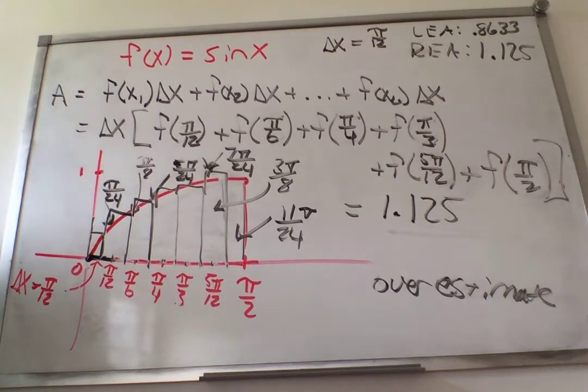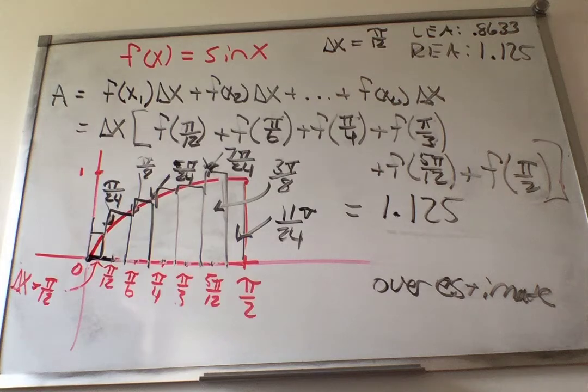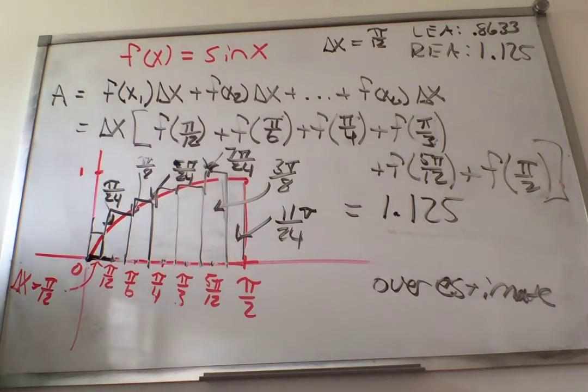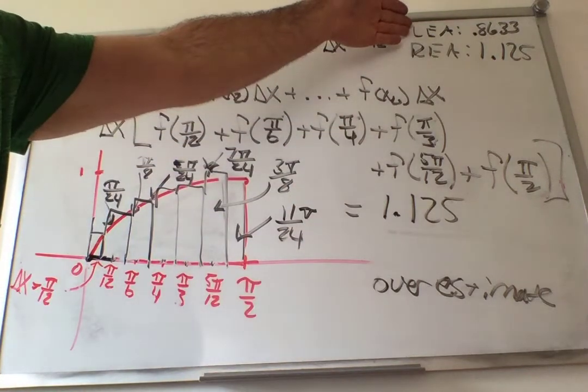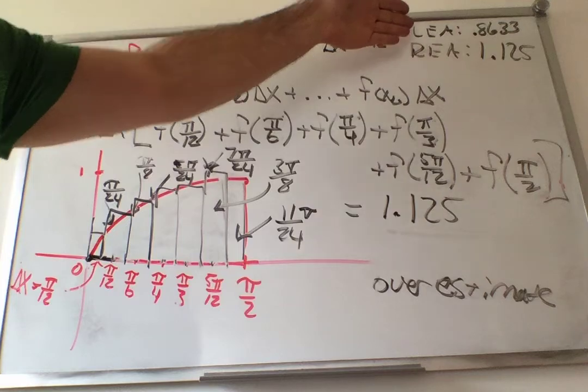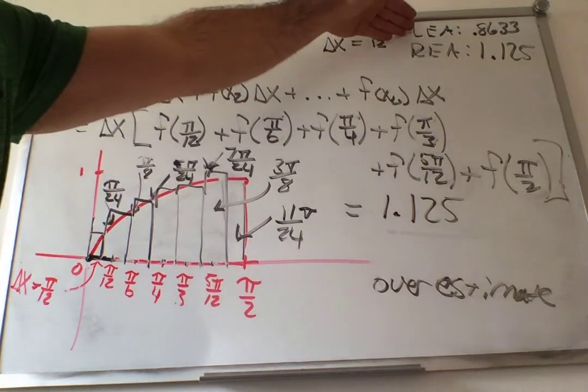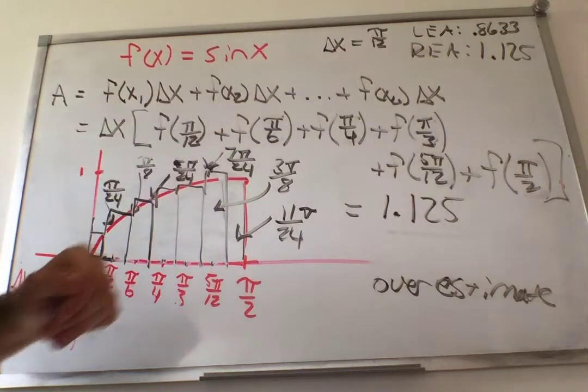So the midpoint method can be a little bit of a pain just because now you have to calculate midpoints of the intervals. But if you think about it, it should be a little bit better approximation than the left endpoint or the right endpoint. So the left endpoint gave you a lower bound, the right endpoint gave you an upper bound.